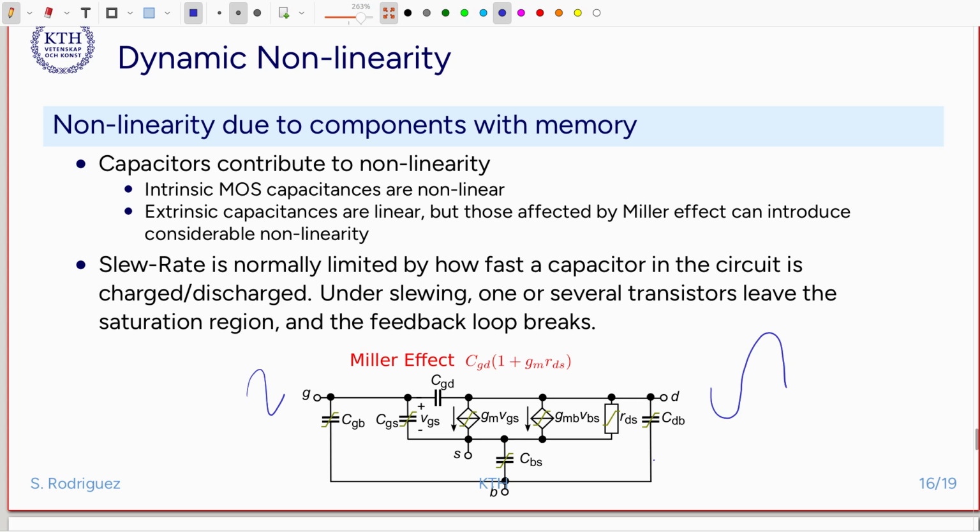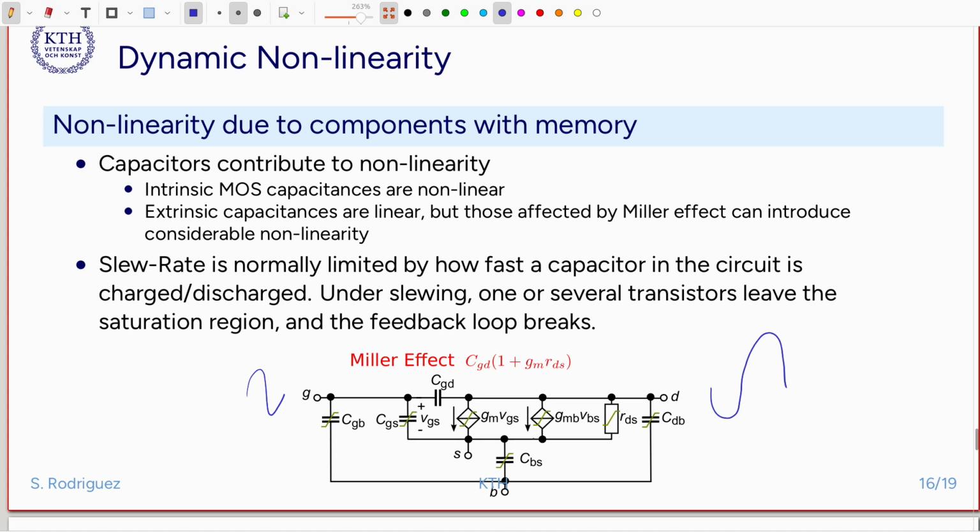So we have the gate to bulk capacitance, gate to source capacitance, bulk to source capacitance, drain to bulk capacitance. Those reverse bias diode capacitances are nonlinear capacitors, and they are going to introduce nonlinearities when the circuit is in operation.